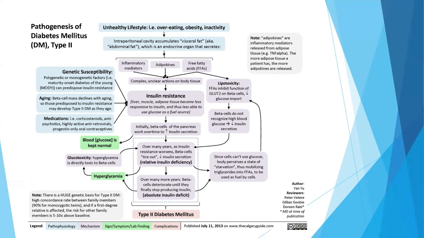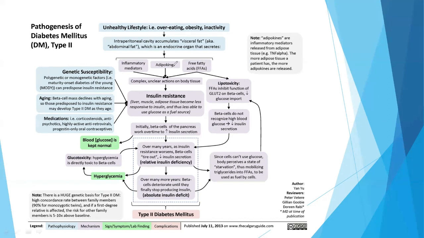And you can see when there is insulin resistance, initially the beta cells of the pancreas work overtime to increase the insulin. Due to this, the blood glucose is kept normal initially. Now, over many years, as insulin resistance worsens, beta cells tire out. That is, there is decreased insulin secretion, and that will lead to relative insulin deficiency, leading to hyperglycemia.